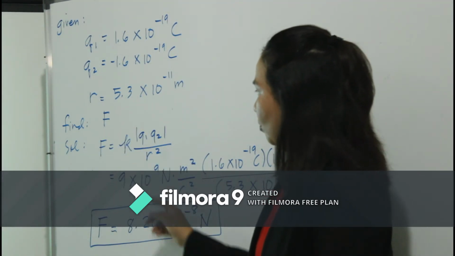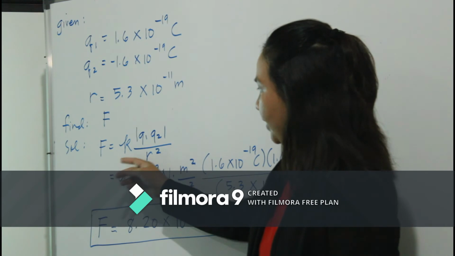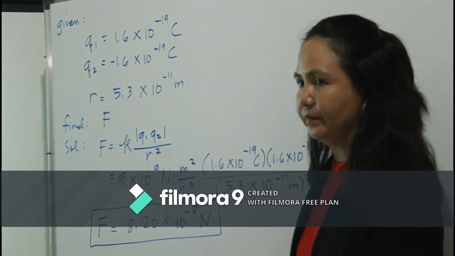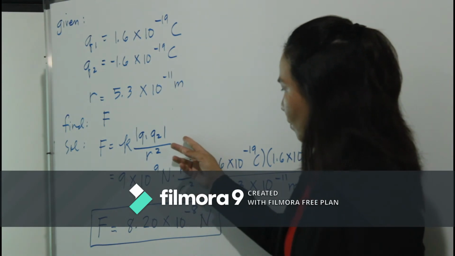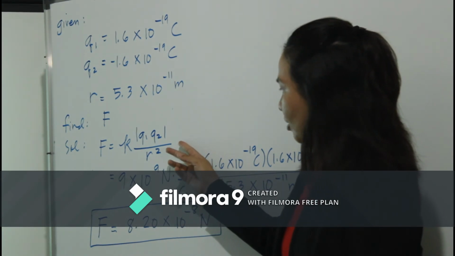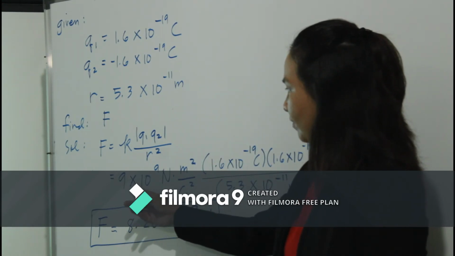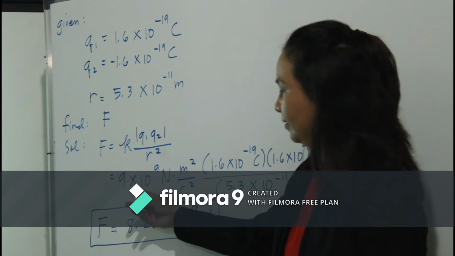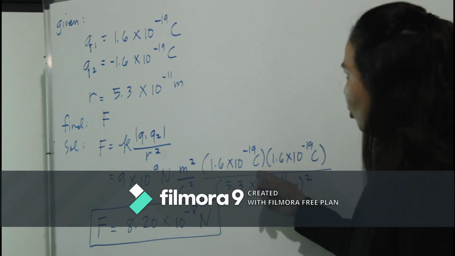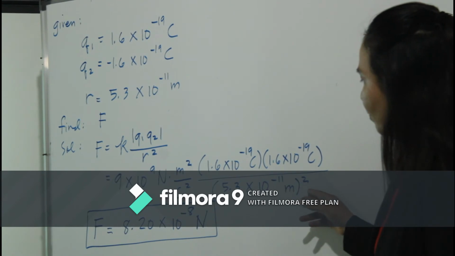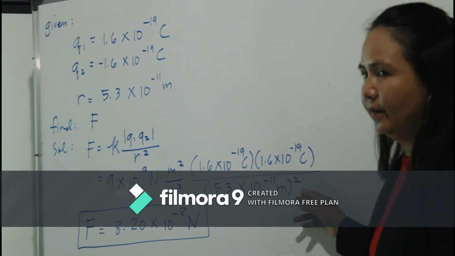Now, using Coulomb's law, F is equal to k Q sub 1 Q sub 2 over r squared. We will compute for the magnitude by substituting the given. We have the proportionality constant, the magnitude of the charges, and the distance of separation between the 2 point charges.